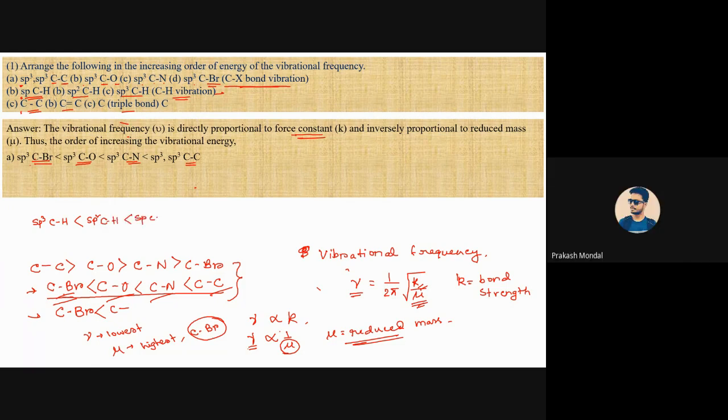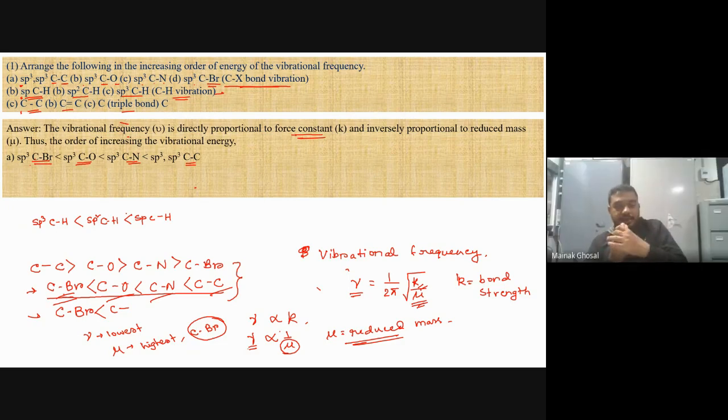Due to hybridization. With sp hybridization, there is more percentage S character, which means more bond strength, so it would be higher vibrational frequency. Exactly. Very good.